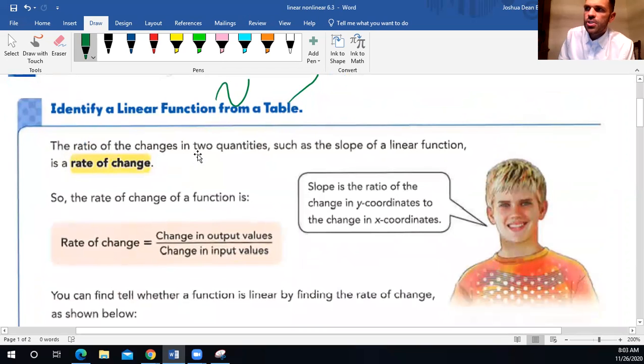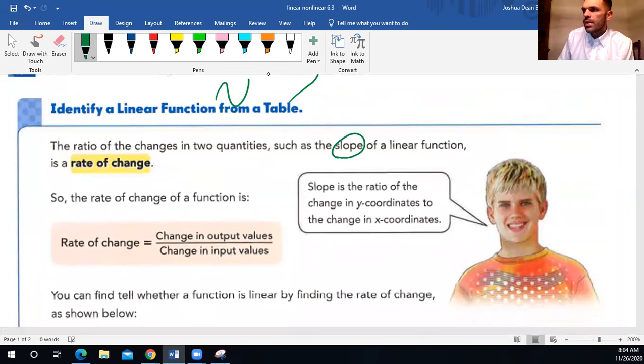The ratio of the changes in two quantities, such as the slope of a linear function, is a rate of change. So we're used to slope, right? Slope is the change in y divided by the change in x.